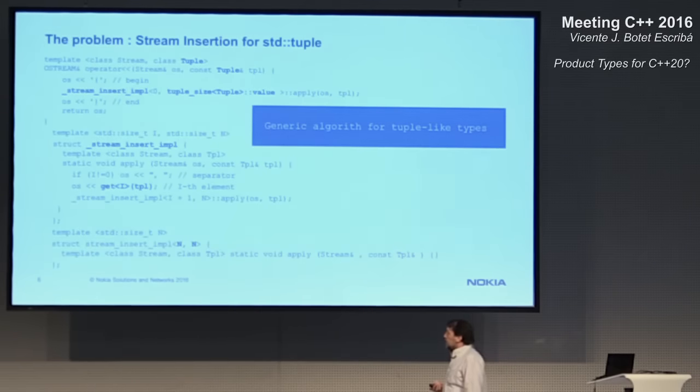Here is a C++98-like implementation of what this insertion on a stream could look like. We insert the left brace. We call an auxiliary function, and we close the brace.